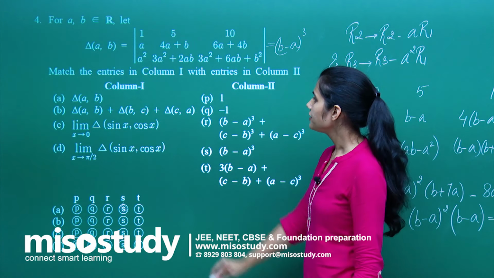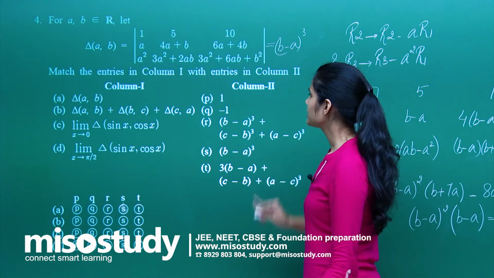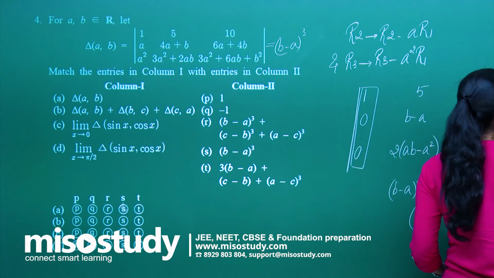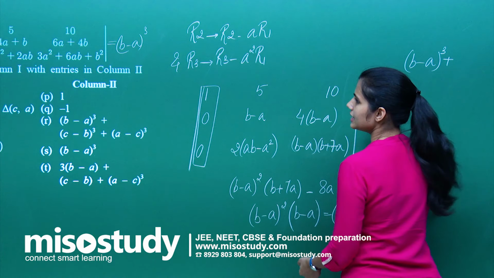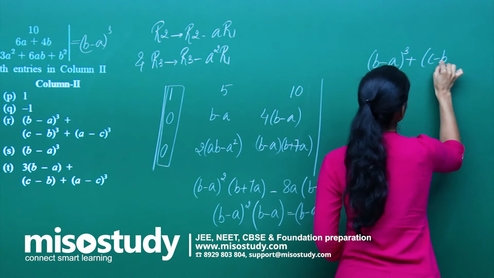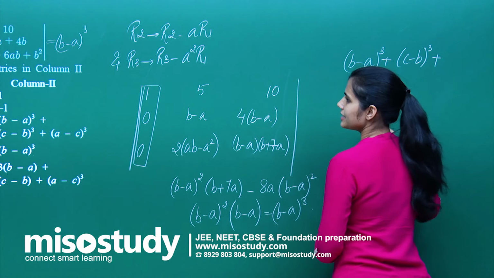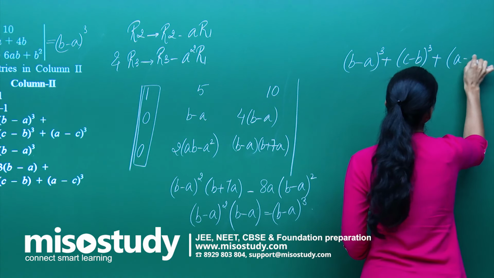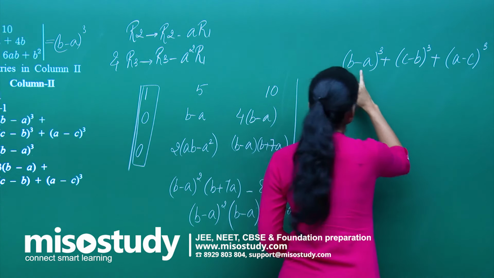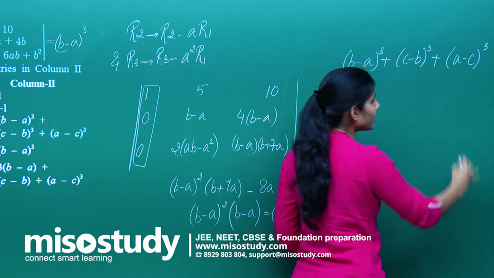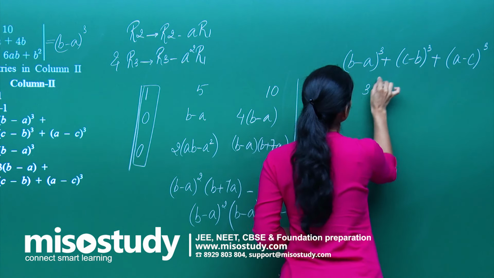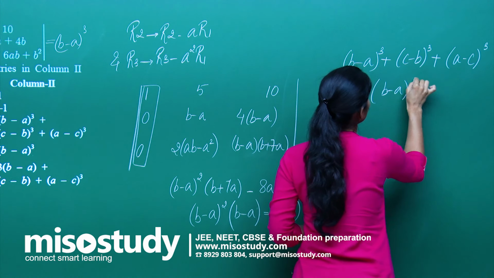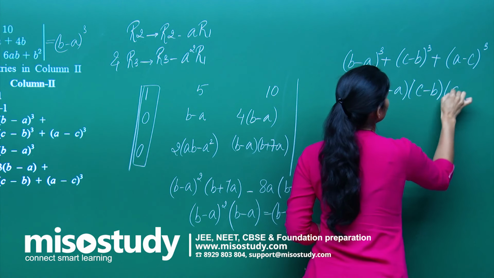Fine. Then you have delta AB plus delta BC plus delta CA. So delta AB is b minus a whole cube plus delta BC is c minus b whole cube plus delta CA is a minus c whole cube. Now you know that b minus a plus c minus b plus a minus c is 0. So this cube plus this cube plus this cube is 3 times b minus a, c minus b, a minus c.